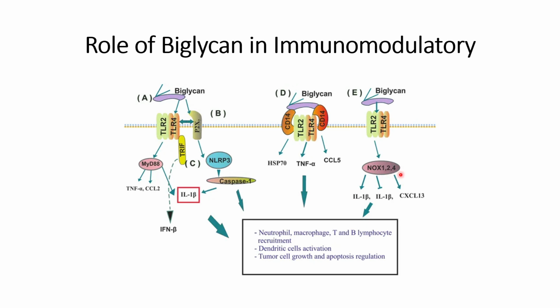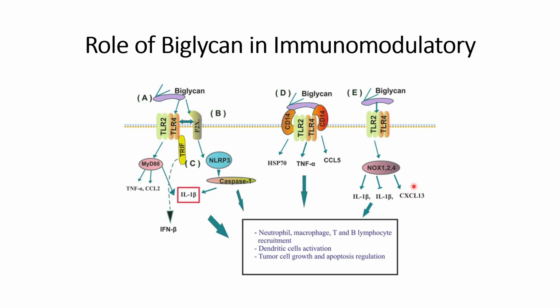At the same time, NOX1 and 2 also help stimulate dendritic cells and macrophages towards cytokine formation, such as CXCL13.